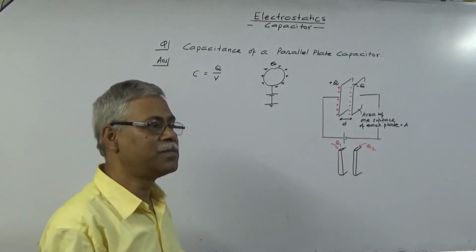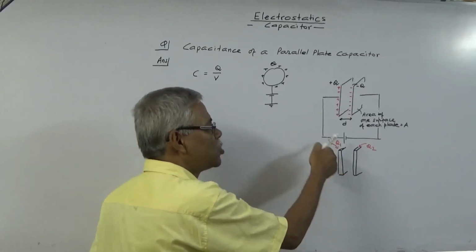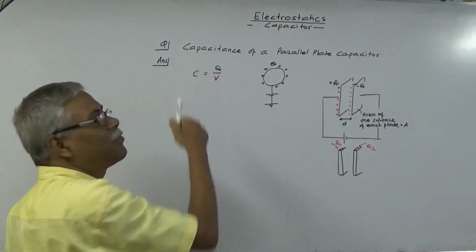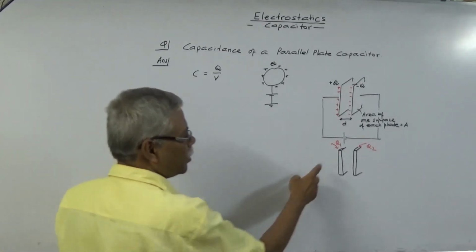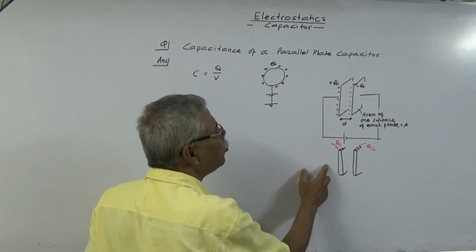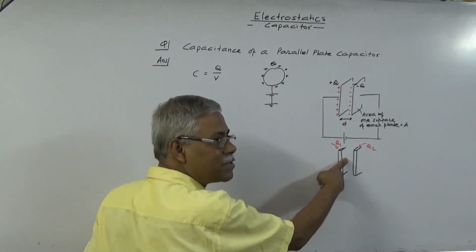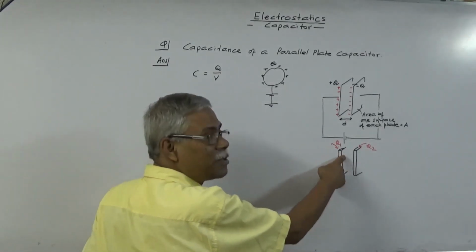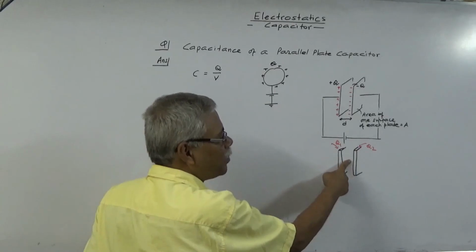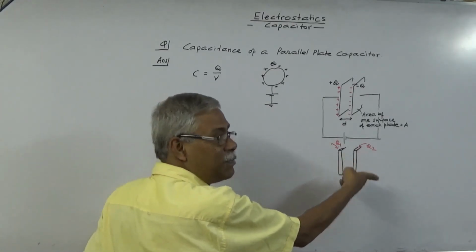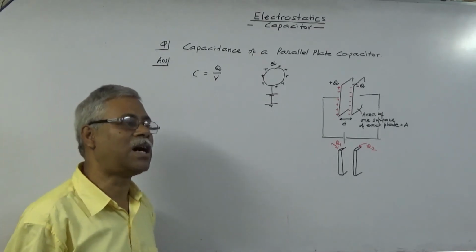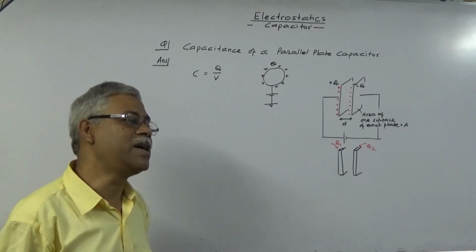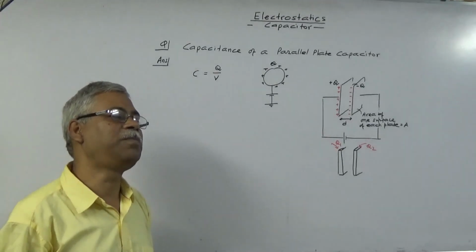Which charge will you put in place of Q? That is the question. Will you put the total charge, or the charge appearing on the inner surface of the positive plate, or the charge appearing on the inner surface of the negative plate? The answer is, this Q is the charge appearing on the inner surface of the positive plate.